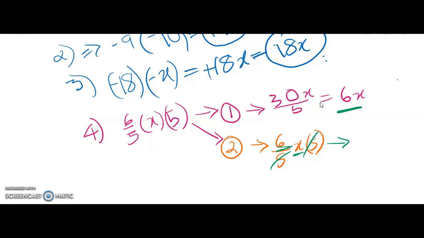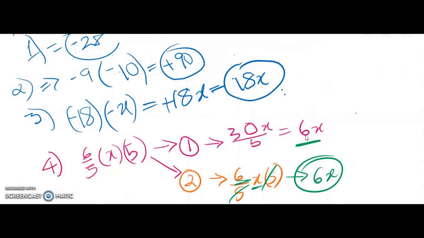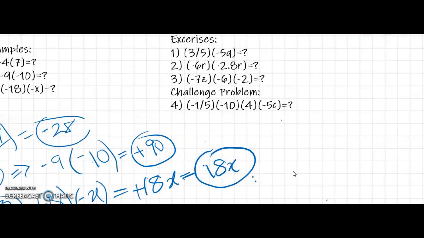And instead of multiplying the whole thing and dividing it by 5, you can just cancel out the 5s and you'll be left with 6x. Now this is a simple problem, so you might be thinking that, oh, well, there isn't really much difference. You could do it any way, and you'd be right for that kind of problem.